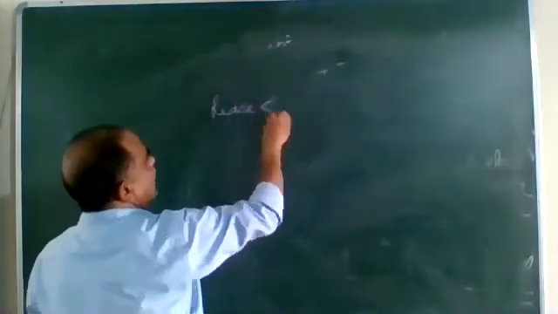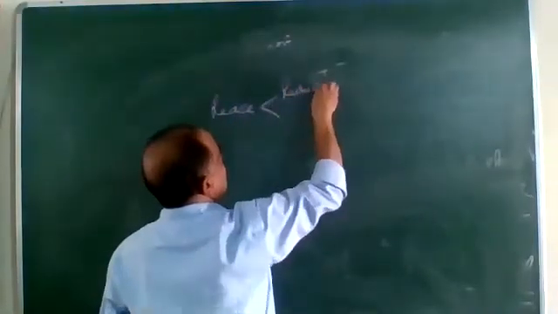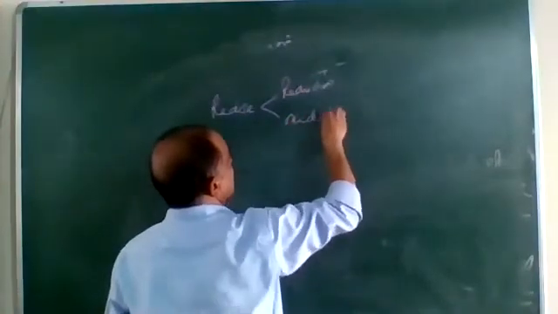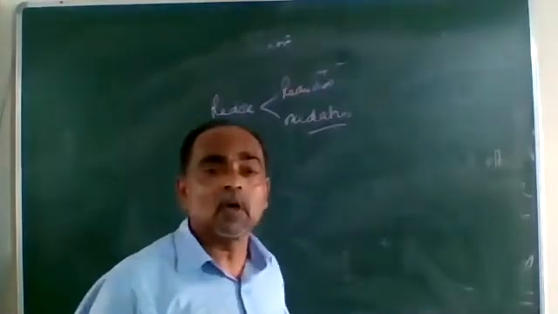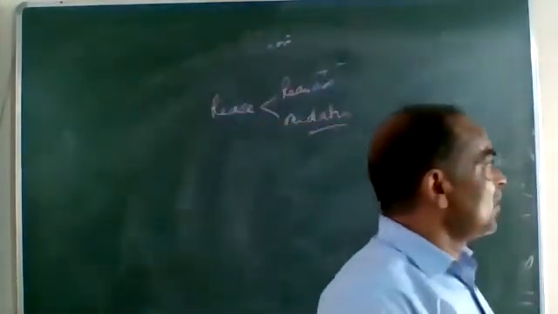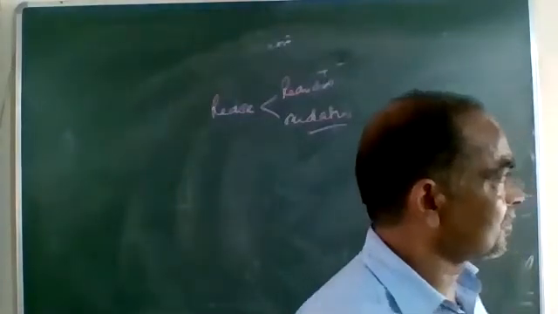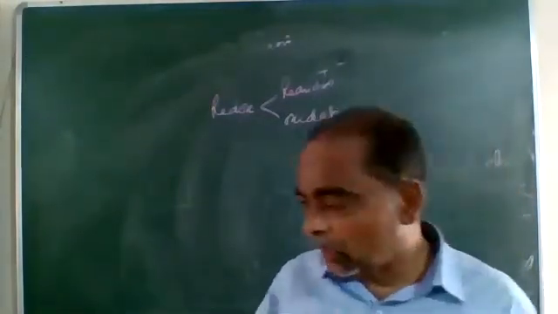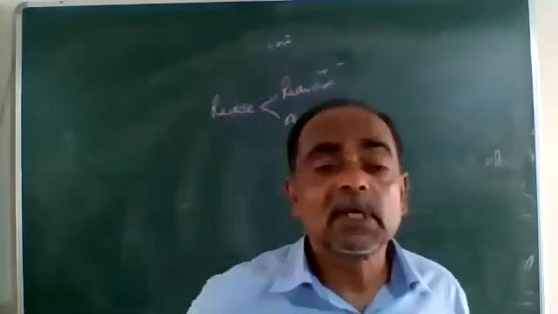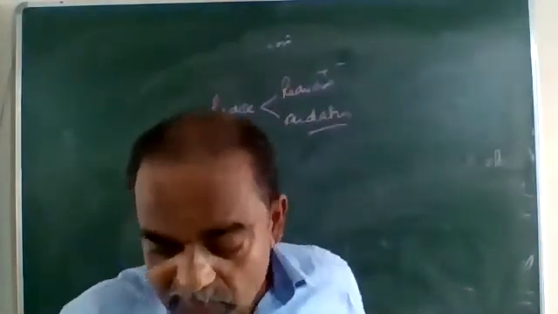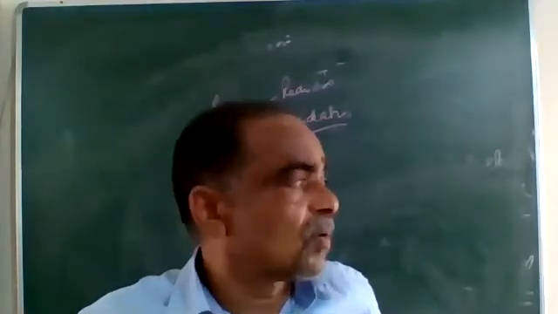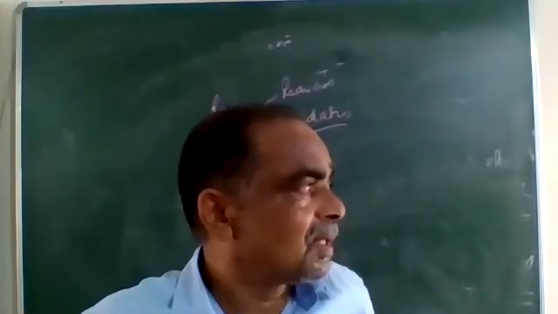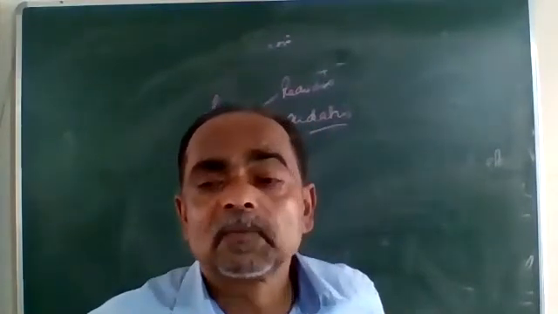Redox is split into two parts, that is reduction and oxidation. Redox. Now, during any chemical reaction, if there is transfer of electrons, transfer of oxygen or transfer of hydrogen, then it is a redox reaction.